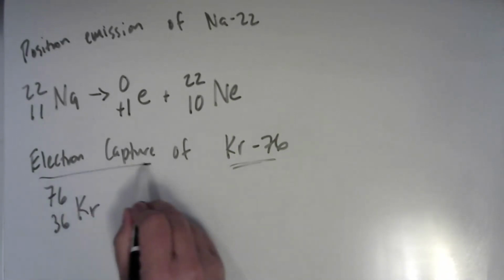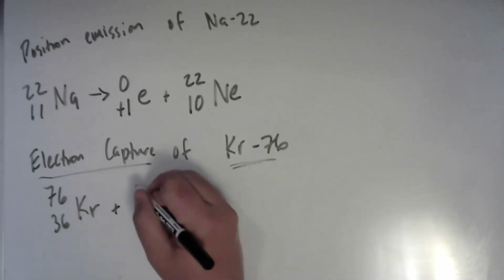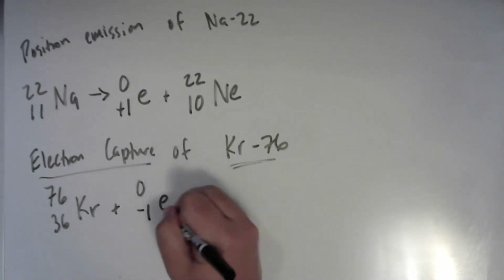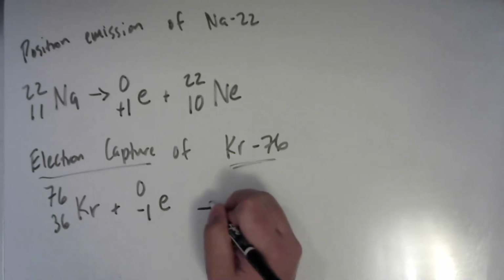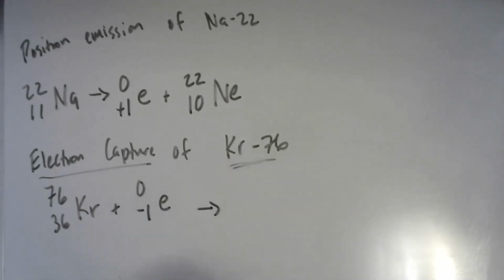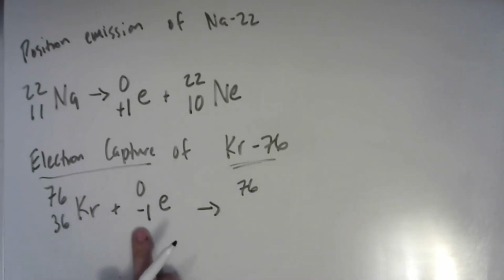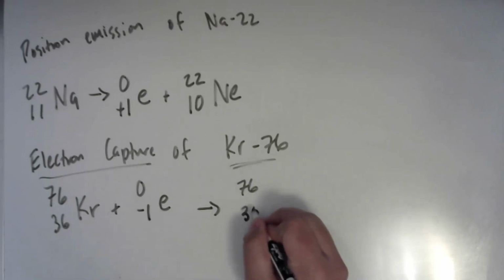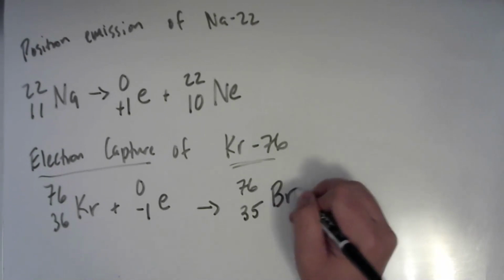Electron capture means that the decay particle is going to be on the reactant side. So the krypton is catching the electron. And what's going to be left after it does that? I'm going to still have a mass number of 76, but I'm going to have an atomic number of 35. Okay, and atomic number 35 is bromine.